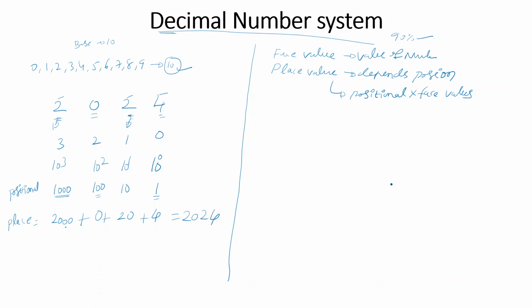That is the reason we call it 2024. For example, 2898: how can we call it 2898? 2 is in the thousands place, so 2000; 8 is in the hundreds place, so 800; 9 is in the tens place, so 90; and 8 is 8. That is the reason we call it 2898.